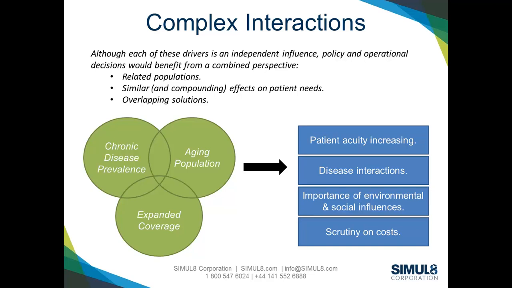So for example, as I age, not only do I have different needs, but I also have additional chronic diseases. I also have different insurance coverage as I move through different programs, different insurance structures. And so all of these pieces are fitting together and compounding each other to create more complex demographics and needs from the patient perspective.